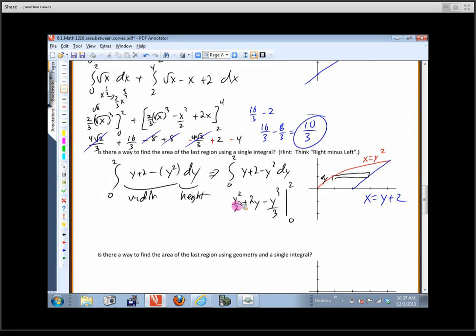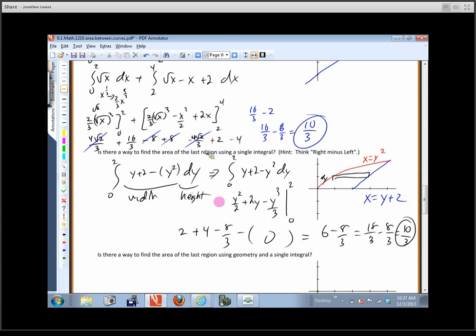So this is going to be 2 plus 4 minus 8/3 minus, what do I get when I plug these in? 0. So this is 6 minus 8/3. In thirds, that's going to be 18/3 minus 8/3, which is, lo and behold, 10/3.